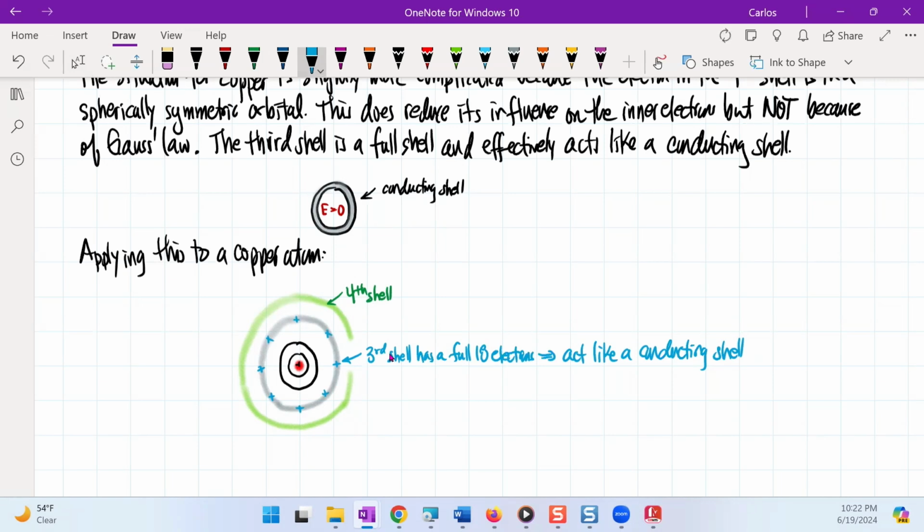So the influence of this electron right here is going to be less, not because of Gauss's law, but because of the conducting shell. This is a super complicated topic and a super interesting one. Hope you enjoyed it.